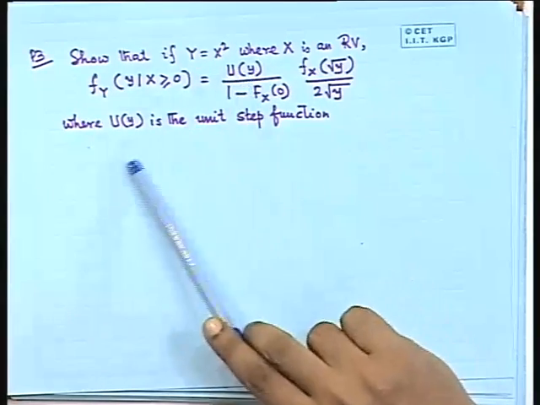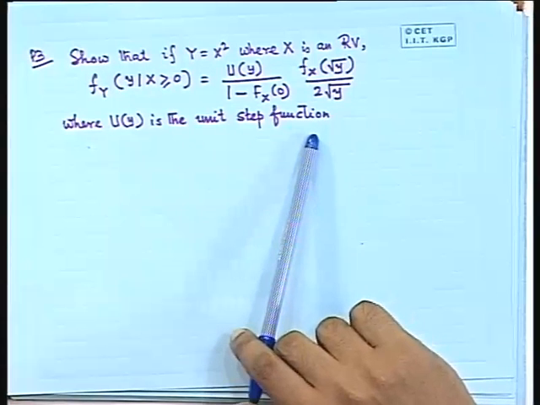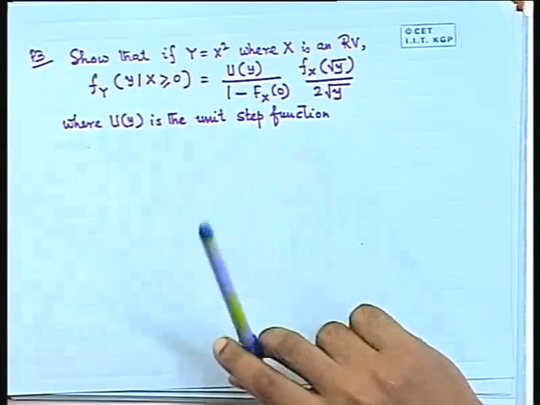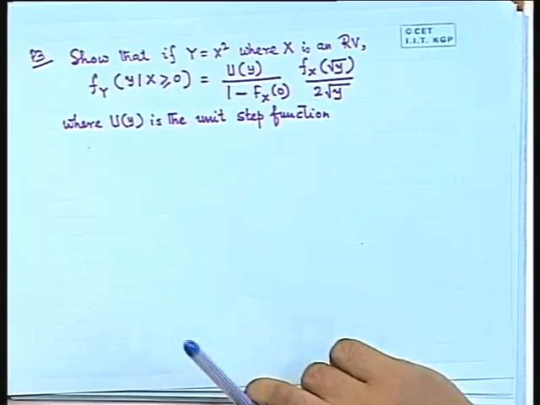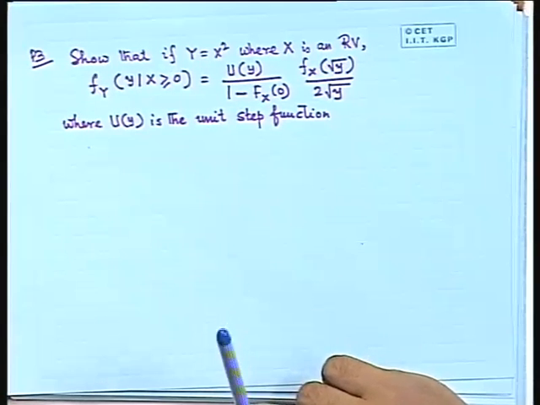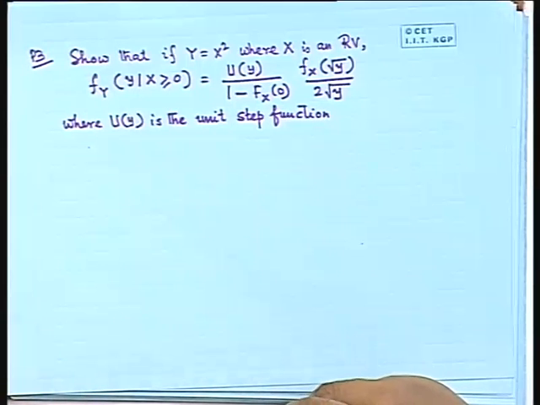What is u(y)? It is the unit step function, that is, the function is 0 for all negative values and it is 1 for all positive values. Right?